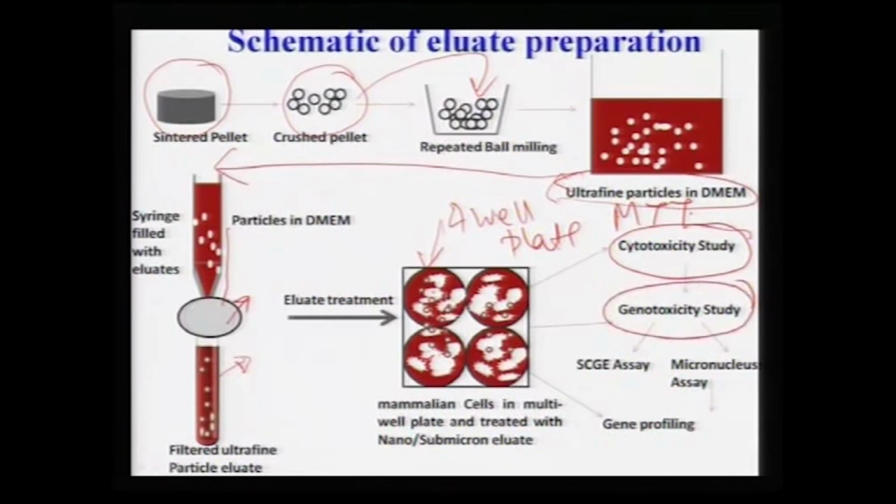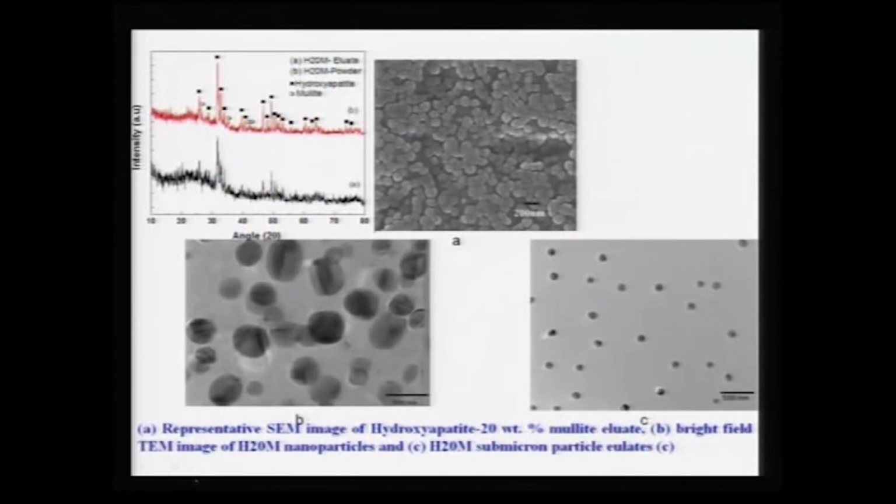Then you can do the genotoxicity assay, like single cell gel electrophoresis or micronucleus assay, and finally the gene profiling also. All those things I will show you, how to carry them out at the laboratory scale.